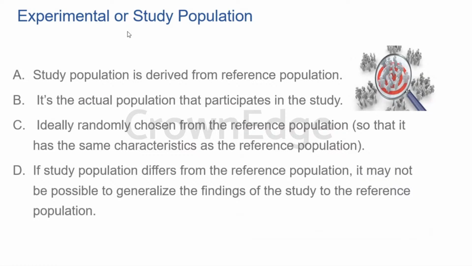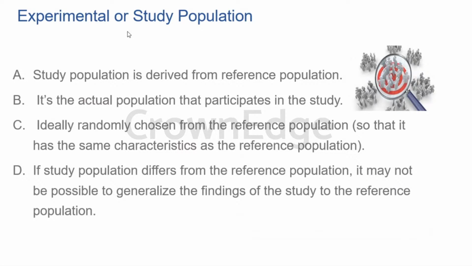A probability sampling method ensures that you choose participants from the reference population randomly, wherein each and every person in that population has an equal chance of being selected in your study. That is random selection of participants. Don't confuse it with randomization. Random sampling is different from randomization in randomized controlled trials.